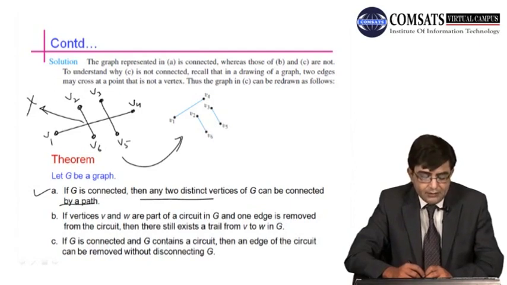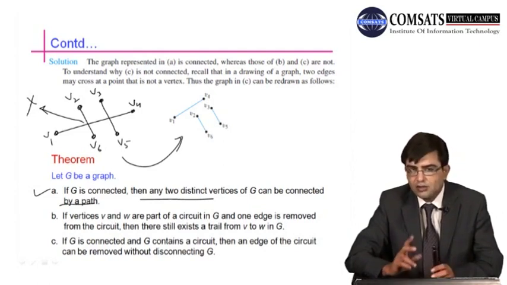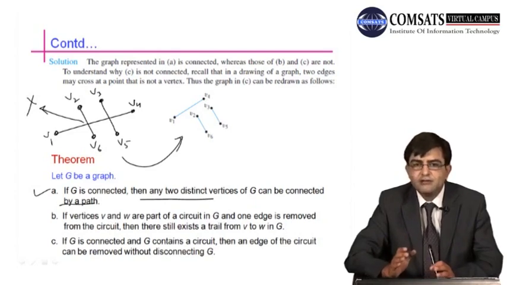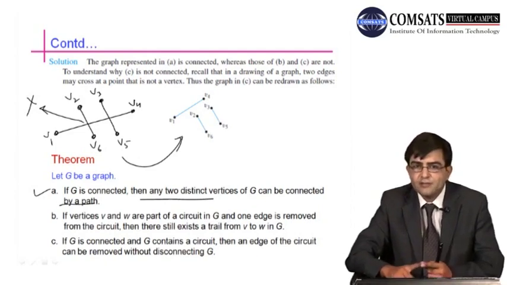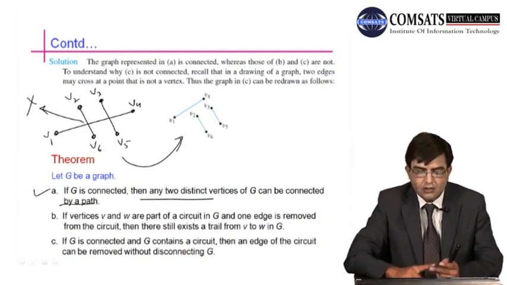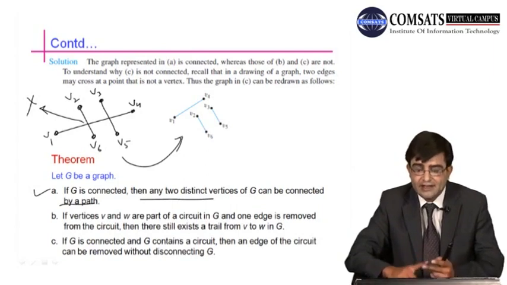The second, in the B part: if vertices V and W are part of a circuit in G. Now remember the definition of a circuit: the starting and ending point must be the same, it contains at least one edge, and it must not contain a repeated edge.